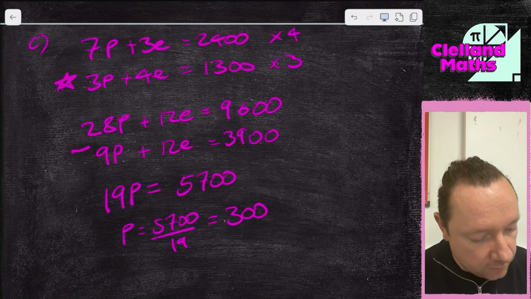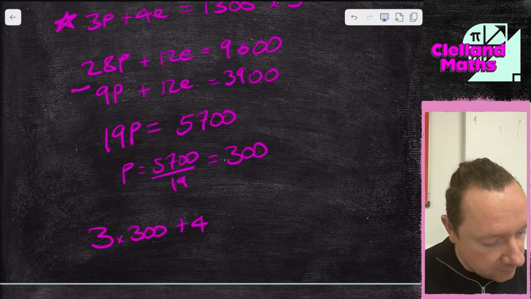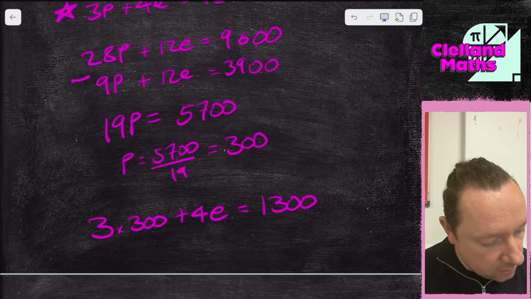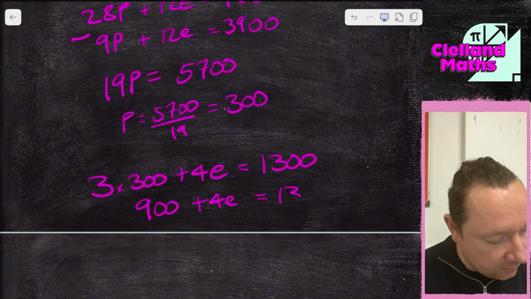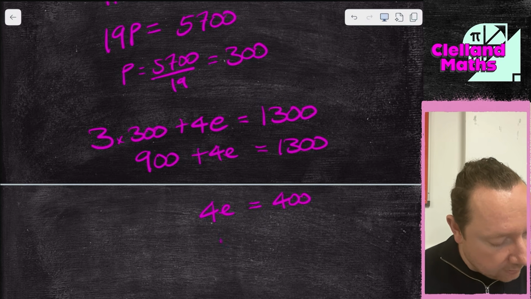So I'm just going to pick this one. 3 times P, which is 300, plus 4 times E equals 1,300. So 900 plus 4E equals 1,300. So I take away 900, well that gives me 400. And I divide by 4, so that gives me 100.